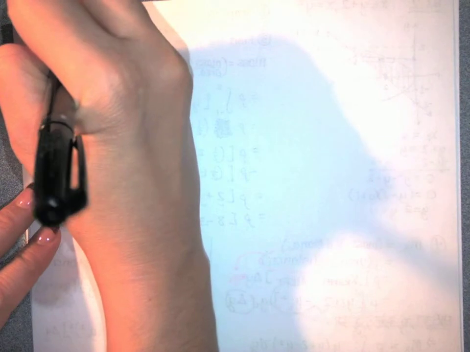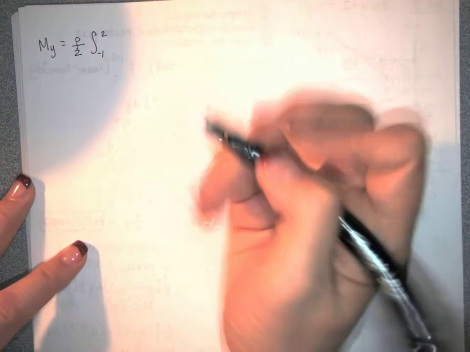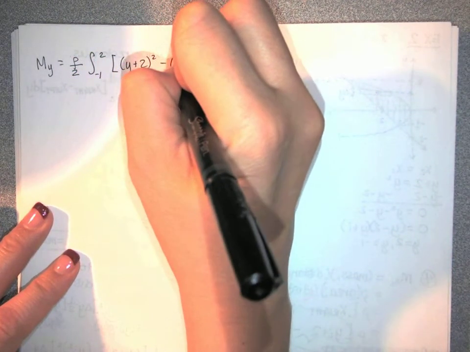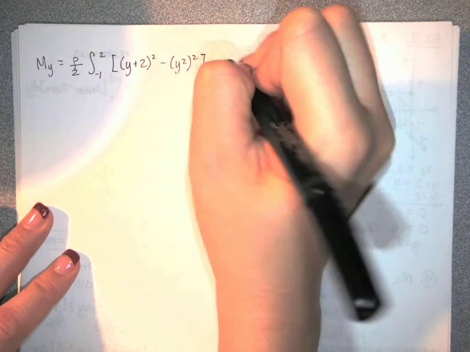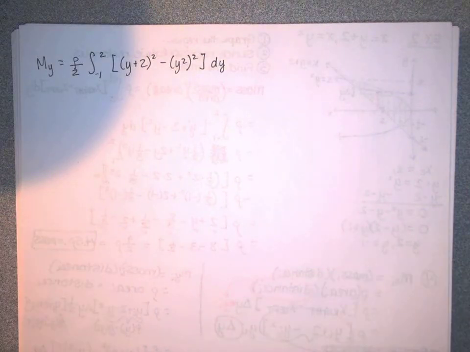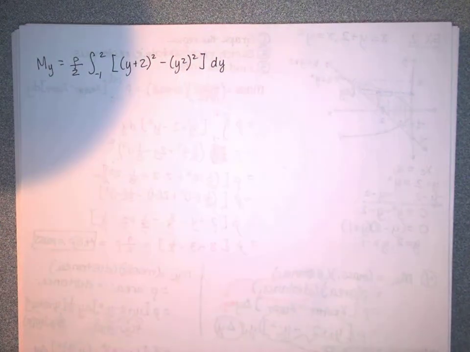So I've got rho over 2, and I'm integrating from -1 to 2. Those were my bounds for y for this particular problem. x on the right squared minus x on the left squared. And that's because I took the area, which had an f minus g in it, and an average distance, which had a 1/2 and an f plus g in it.